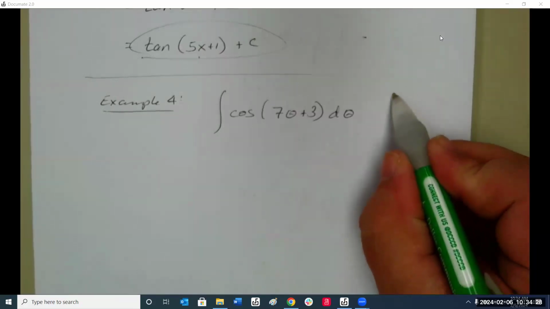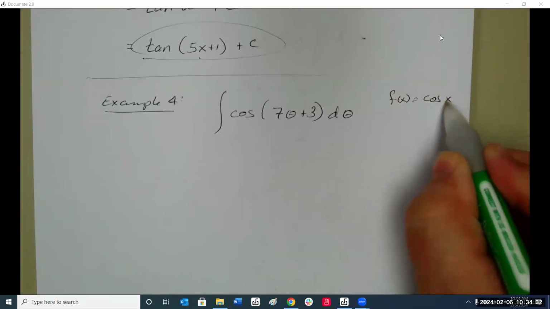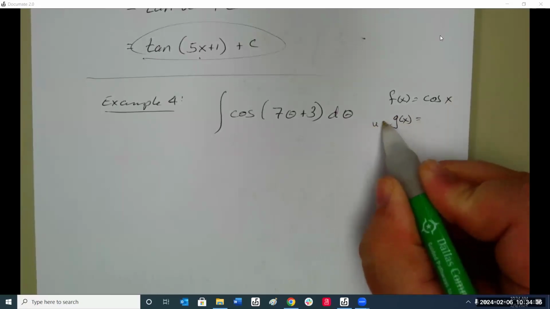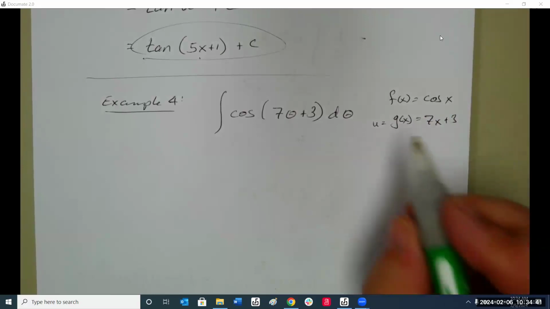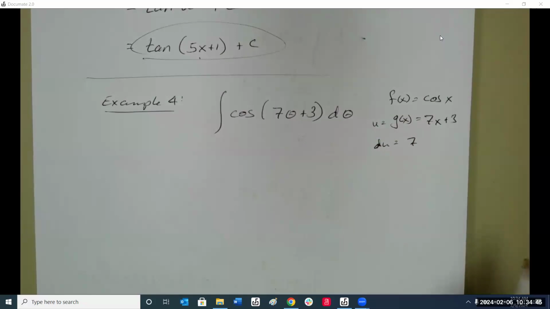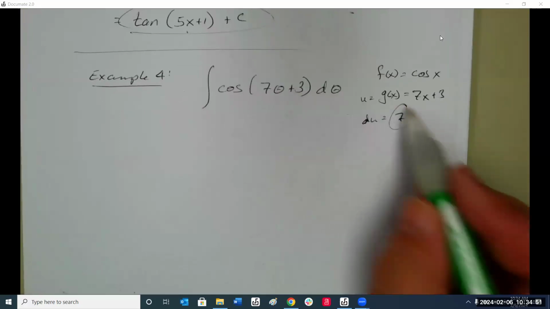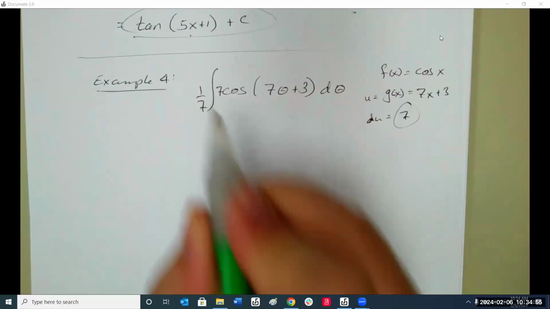So our f of x is cosine of x. G of x, which is the u, is 7x plus 3. Du is 7. So we're missing the 7. So we put a 7 there, and a 1/7 out front.